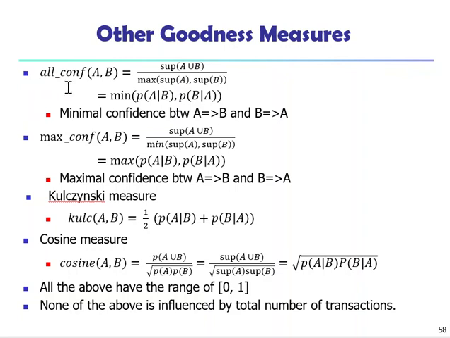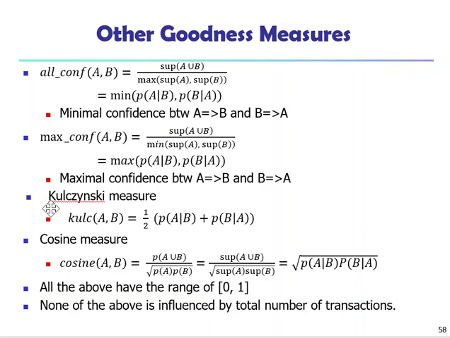All confidence is actually the minimum of the confidence of the two directions that we can generate from an association rule. So it's the minimum confidence, the smaller confidence between the rule A to B and B to A. Max confidence is the maximum of those two.